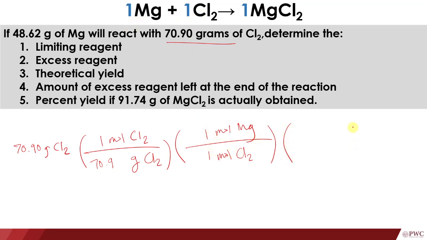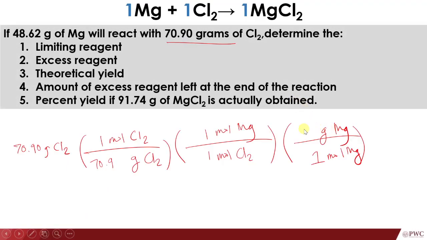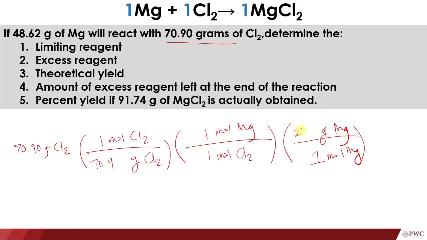And then from the mole of Mg, it's grams of Mg. Now 1 mole of Mg is how many grams? That's equal to 24.31. So cancel grams, mole, Mg. What's left is the grams of Mg.